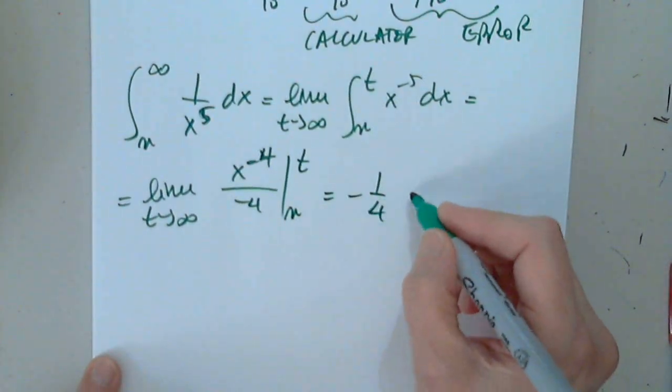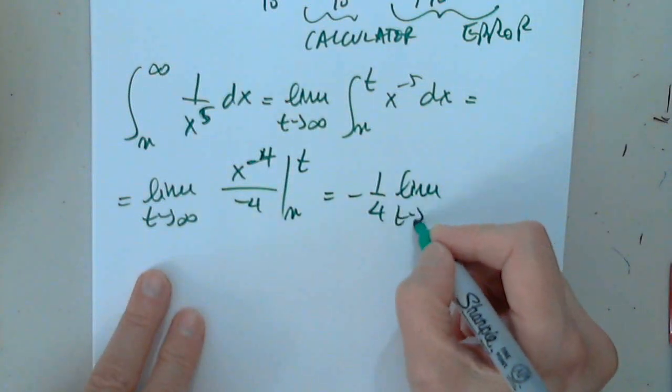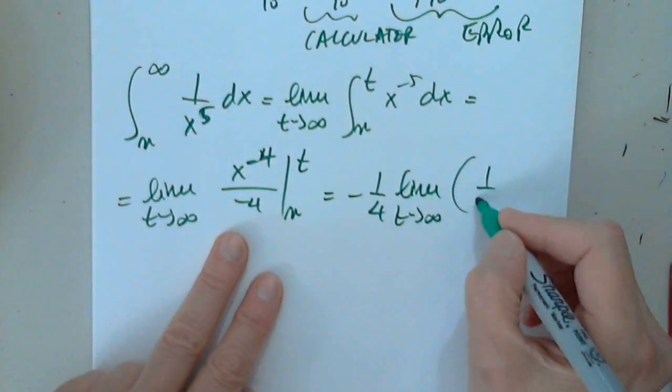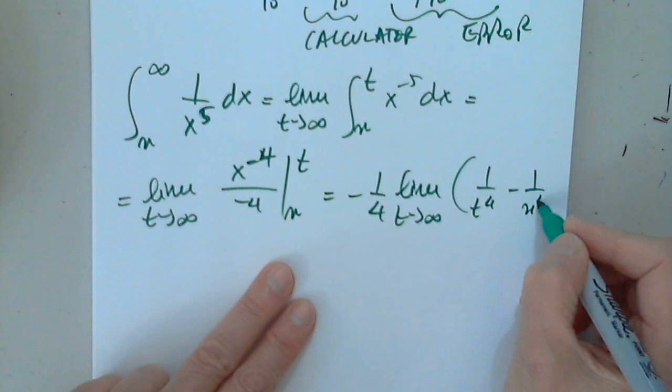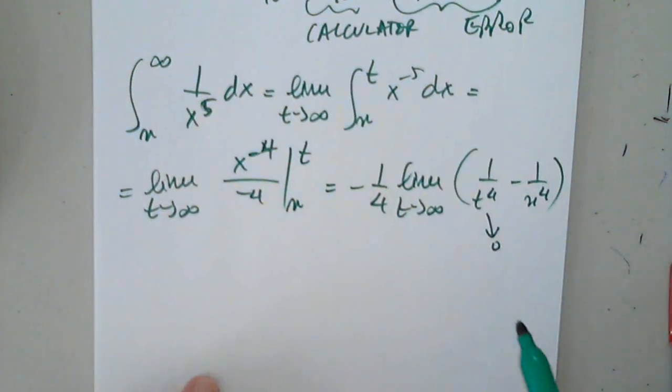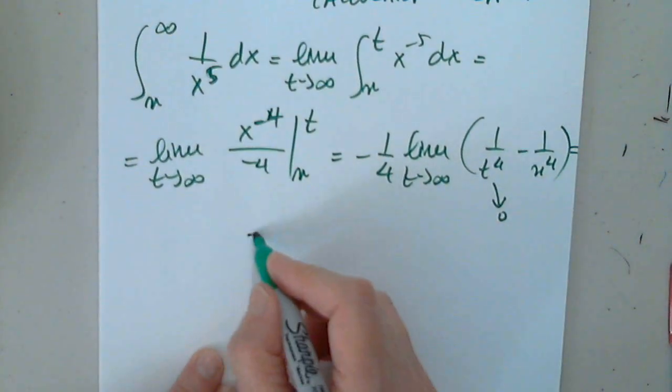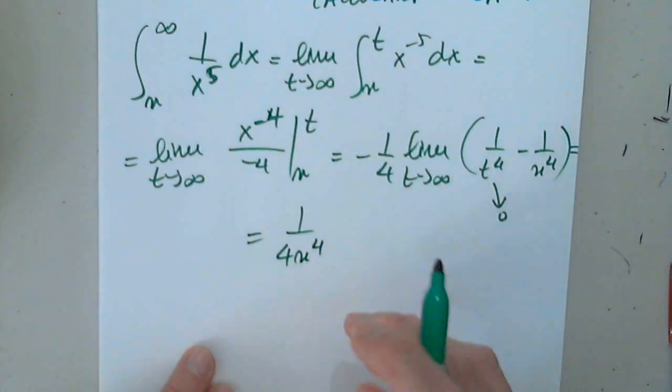Negative 1/4 outside, limit as t approaches infinity, 1 over t to the 4th minus 1 over n to the 4th. Well, but this approaches 0, and the answer would be 1 over 4 n to the 4th.